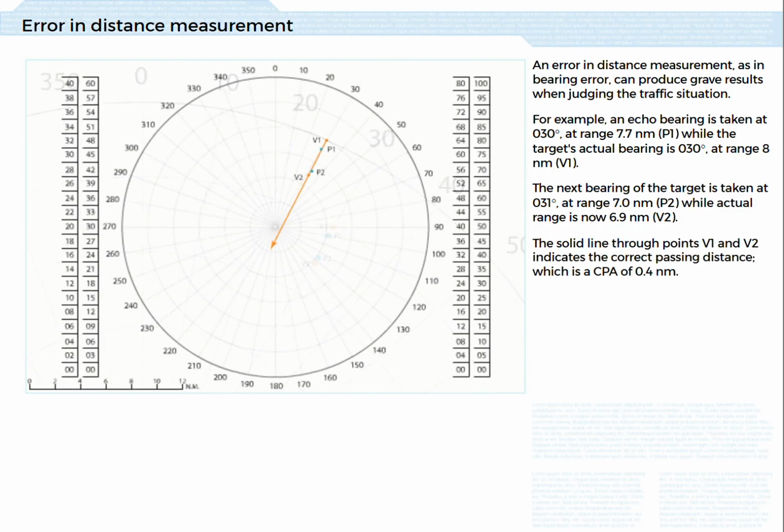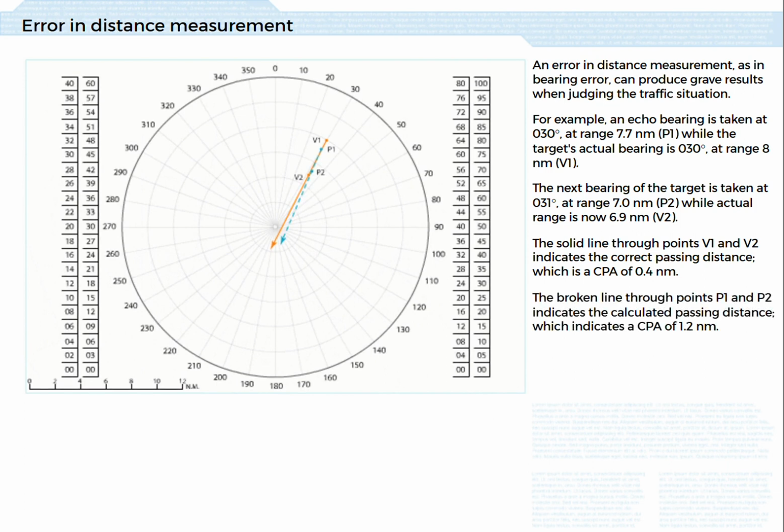The solid line through points V1 and V2 indicates the correct passing distance, which is a CPA of 0.4 nautical miles. The broken line through points P1 and P2 indicates the calculated passing distance, which indicates a CPA of 1.2 nautical miles. This type of error also shows the importance of having at least 3 bearings and ranges in a plot to show up any inaccuracies.